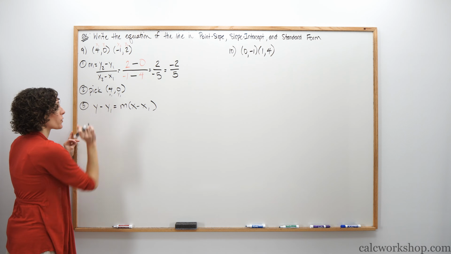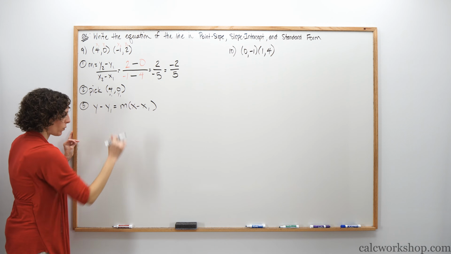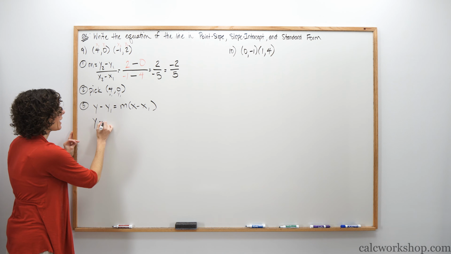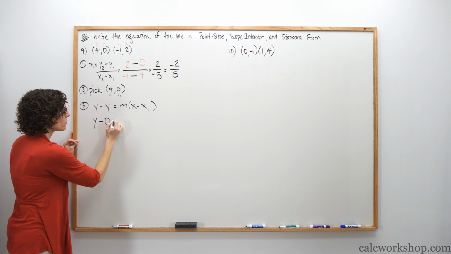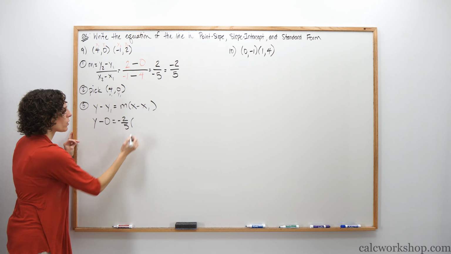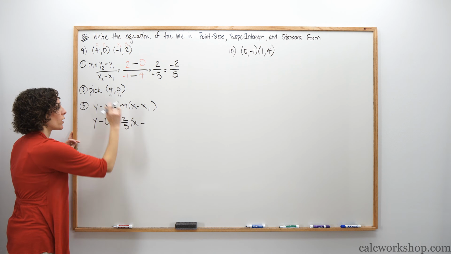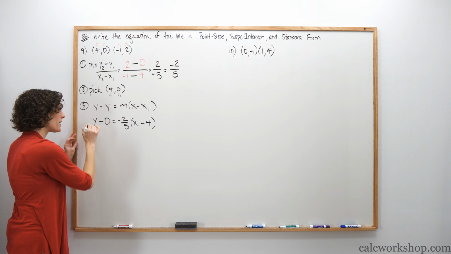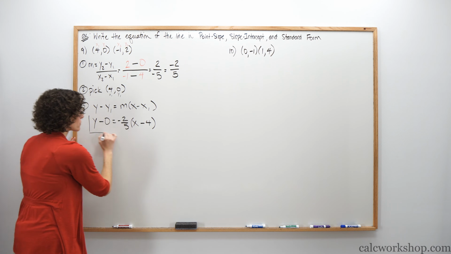So we are just going to plug in our slope and our point. y minus y1 is 0 equals m, negative 2/5, times the quantity x minus x1, which is 4. This is point-slope form.